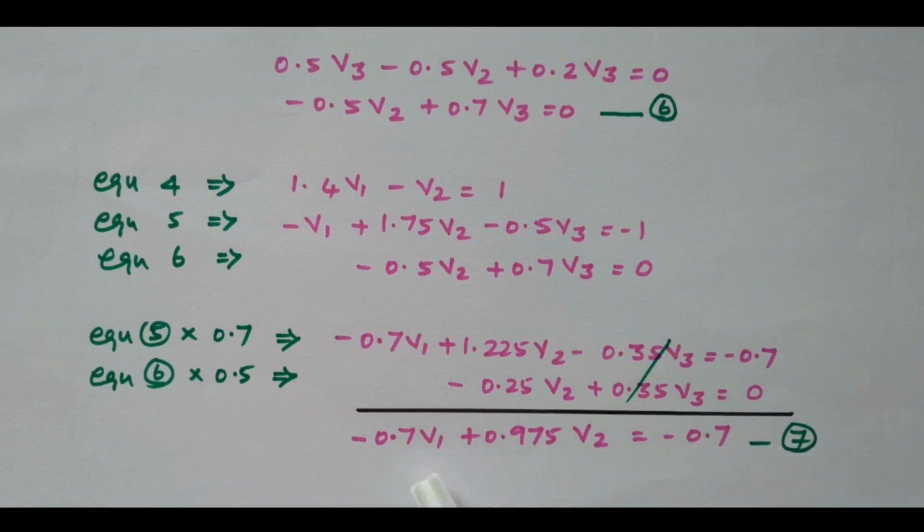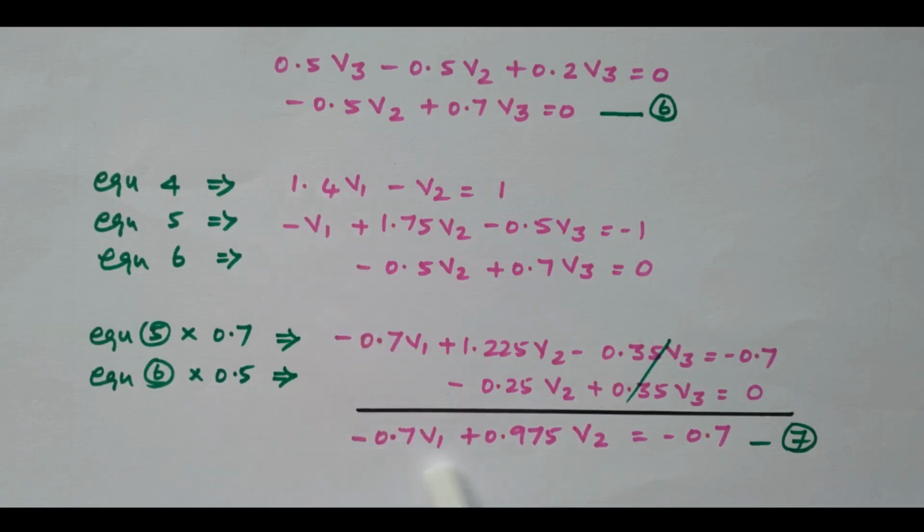Right. Now we got V1 and V2. Now consider equation 7 and equation number 4. See it. In this we can cancel this term. V1 is available here, here also V1 is available. Here V2 is available. Here 0.7 is available, and here 1.4 is available.